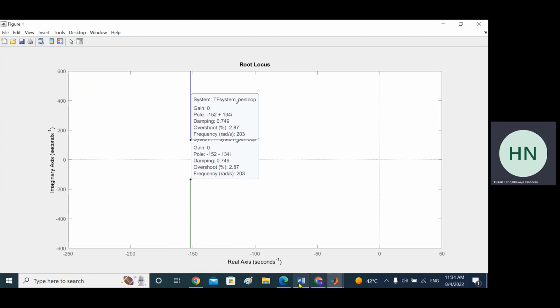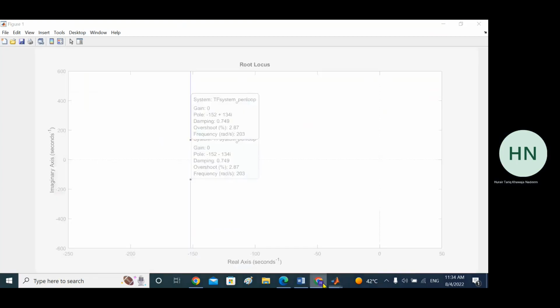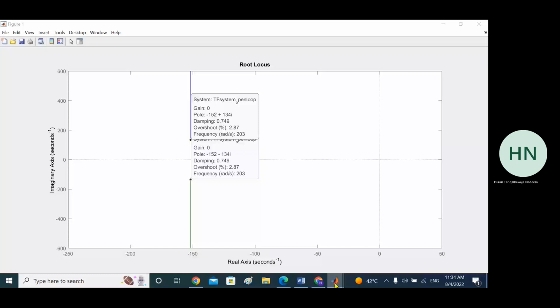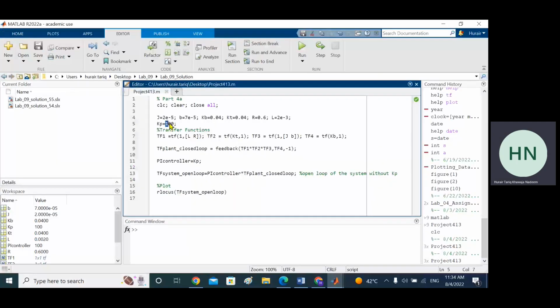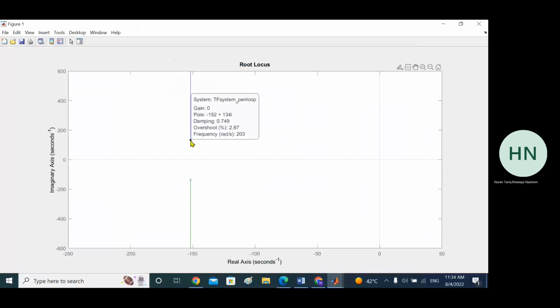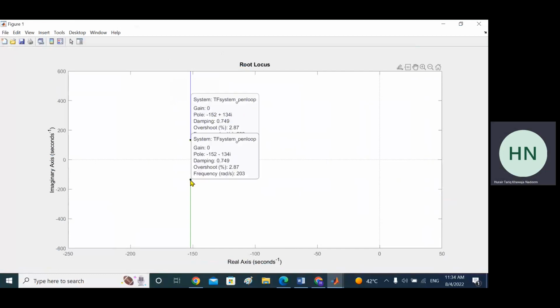If I change this 100 to, for example, 2, and run the root locus again, you will see that again the graph is the same. The graph is not changing: minus 152 plus 134, and this one is minus 152 minus 134.